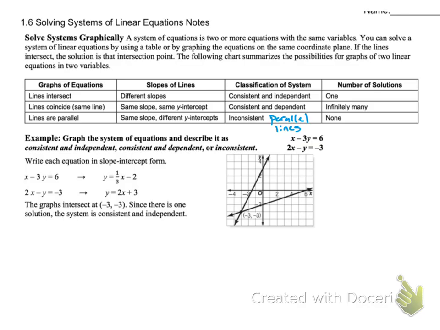When you think of the word independent, what do you think of? It's not a trick question. Luke, when you think of independent, what do you think of? Alone, by yourself.